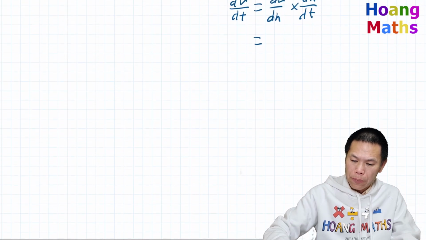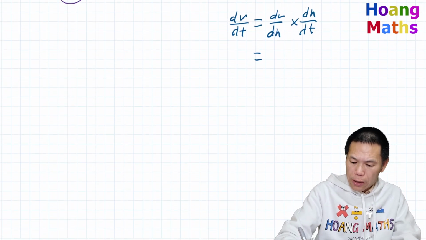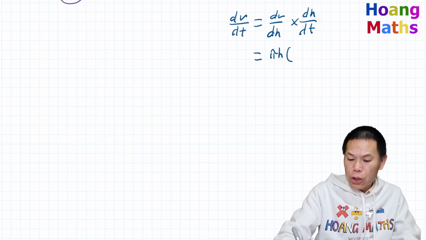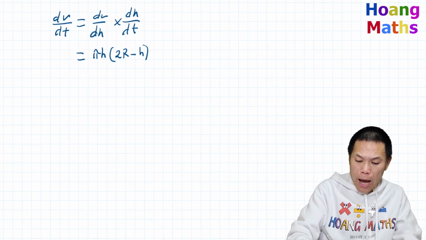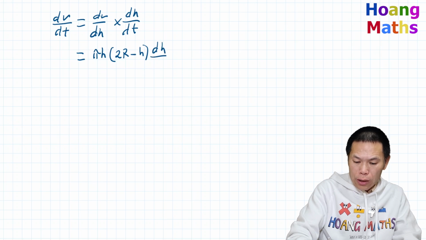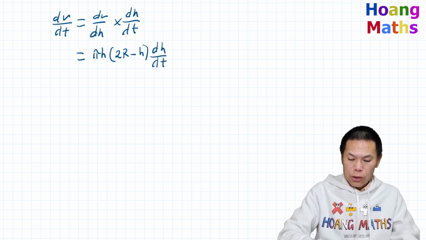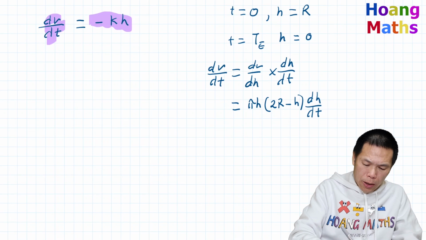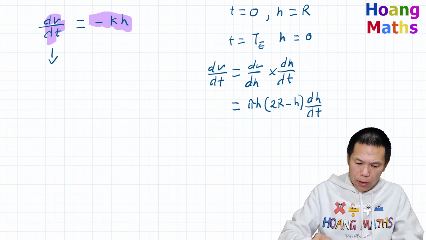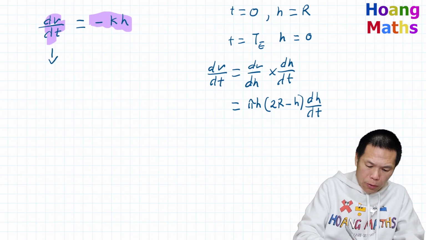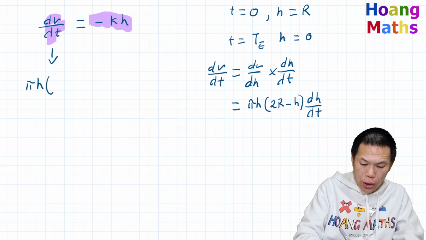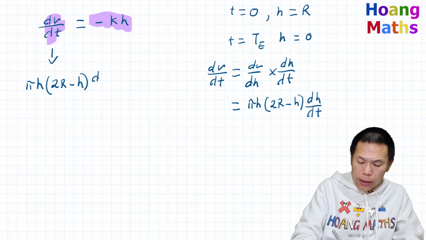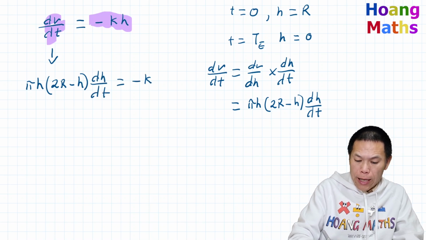Let me just write this down: pi h (2r − h), and then we multiply by dh/dt. So now dV/dt is equal to pi h (2r − h) times dh/dt, which is equal to negative kh.